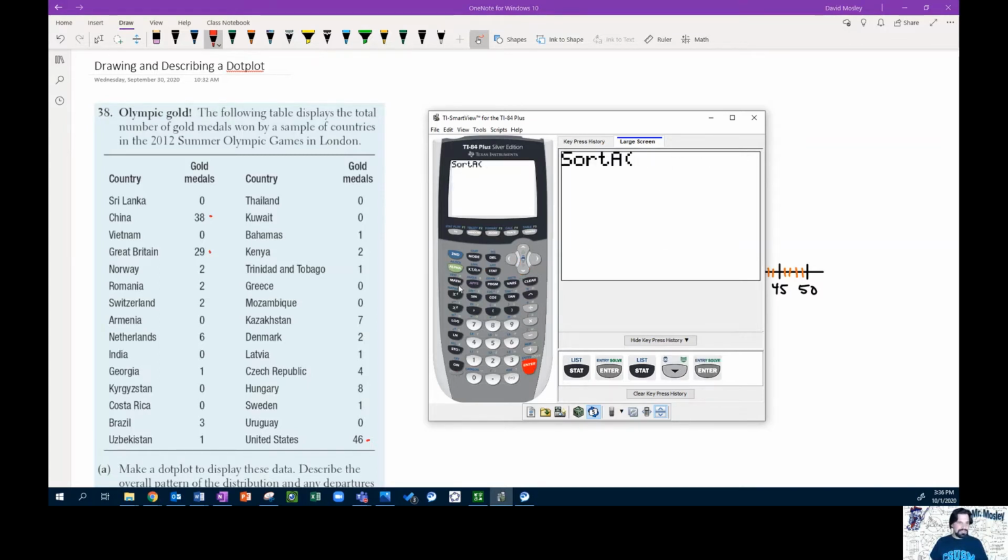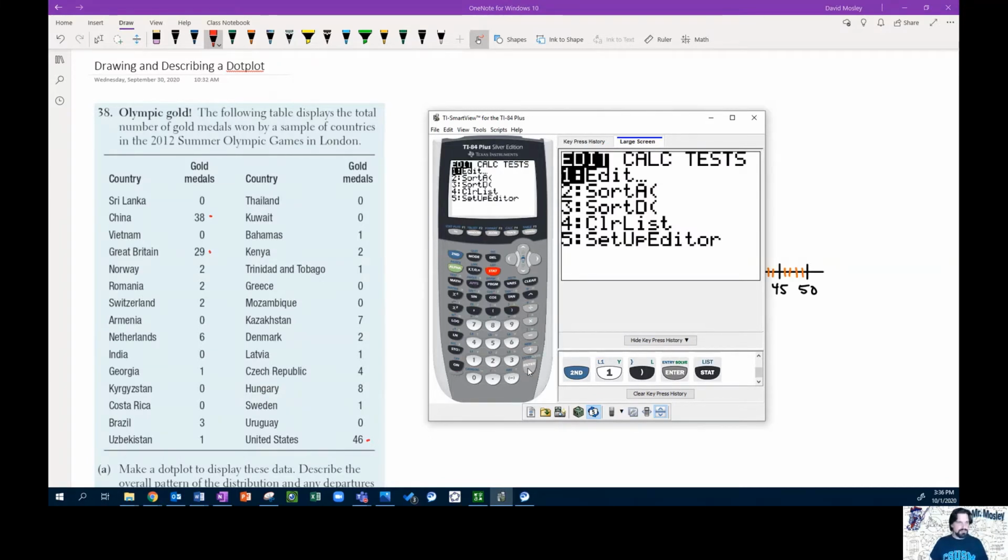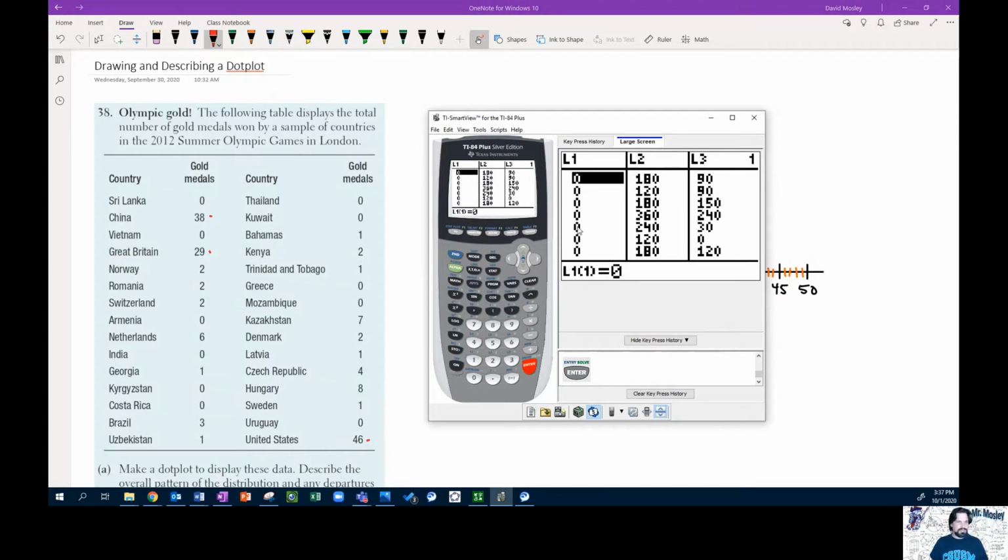I want this to sort list L1, so I'll hit second, and the number 1, and above that in little tiny blue letters is L1. Close my parenthesis and hit enter. It says done. Now I'll go back to my list, go to edit, and look, my list 1 is now in order. As I go down the list, it has them in increasing order from smallest to largest.